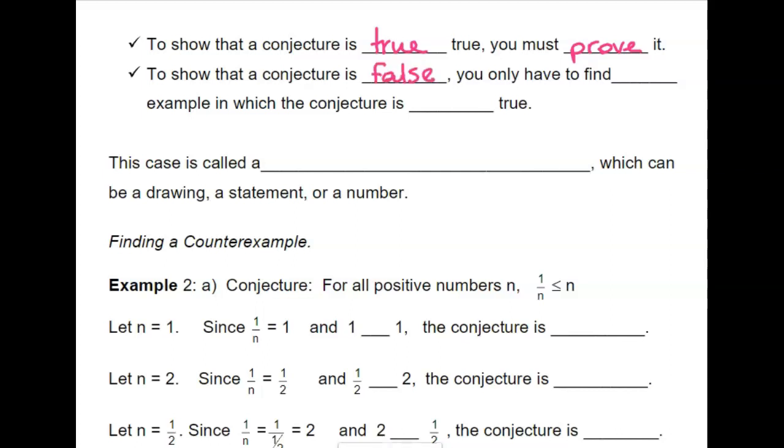And the way you show a conjecture is false is that you only have to find one example in which the conjecture is not true. This one example is called a counterexample. The counterexample can be a drawing, it can be a statement, or it can also be a number.